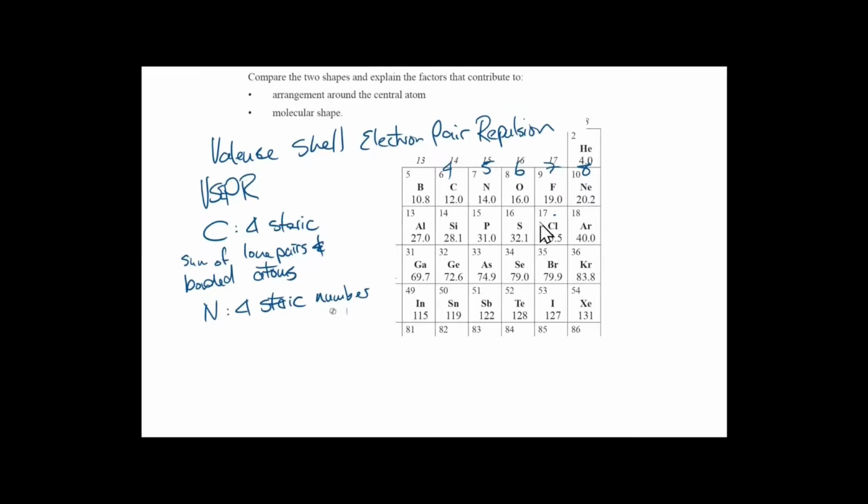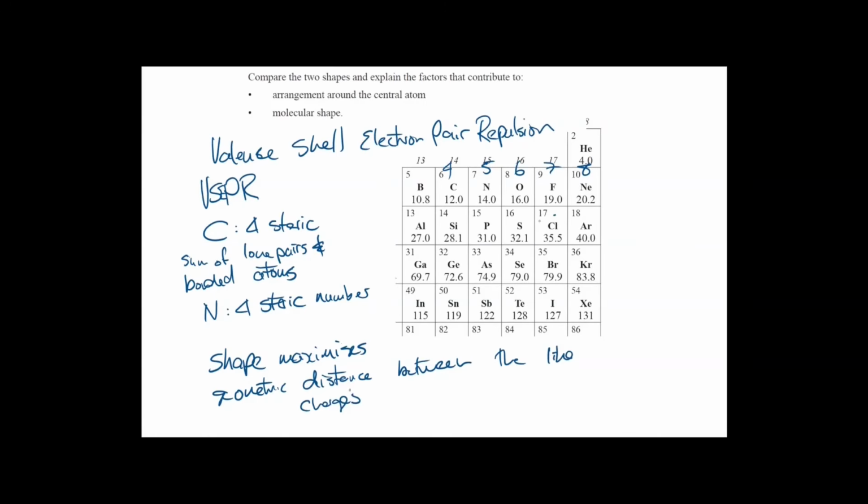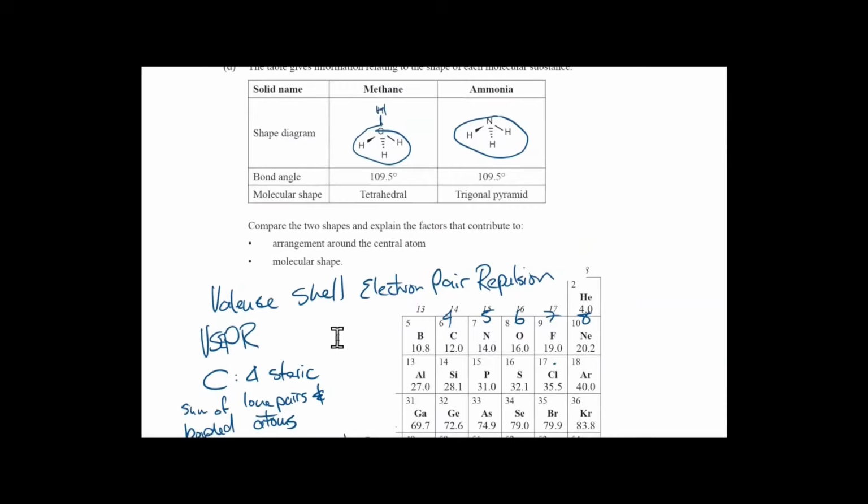So why that shape? That shape maximizes the geometric distance between the like charges. So the first thing we would do for VSEPR is work out how many nodes there are. Nodes are places where you can put electrons.